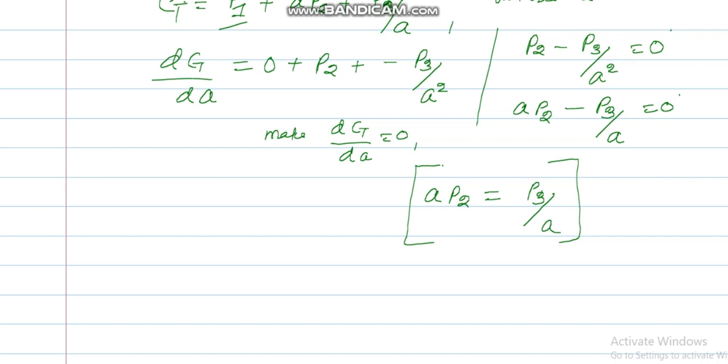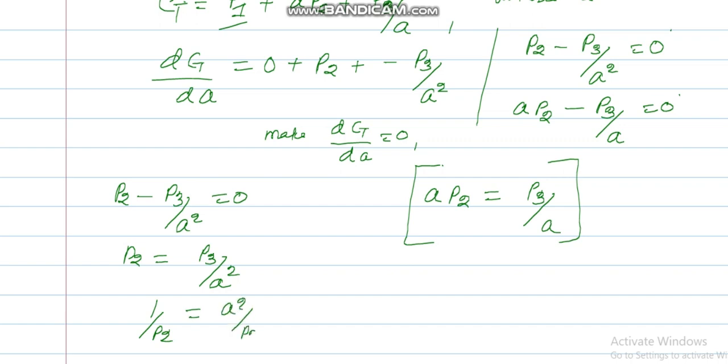Tukimake A square the subject, tukitokea from P2 minus P3 divided by A squared is equal to 0, tutapata P2 equals to P3 divided by A squared, au tutapata 1 over P2 is equal to A squared divided by P3, au tutapata A squared sawa kusema P3 over P2.